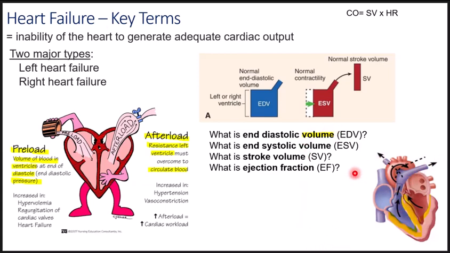Let's say in this person's lung there's some sort of tumor, for example. The right side of the heart might have to work much harder to push blood past that tumor to where it needs to go, increasing the afterload, the resistance that the ventricle must overcome in order to push blood out and have it circulate properly.